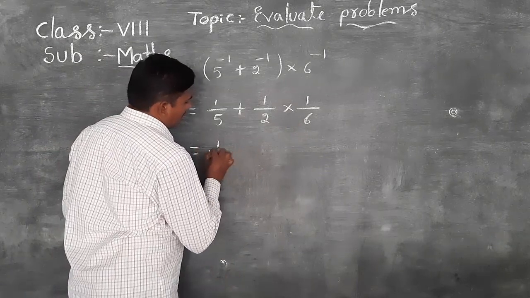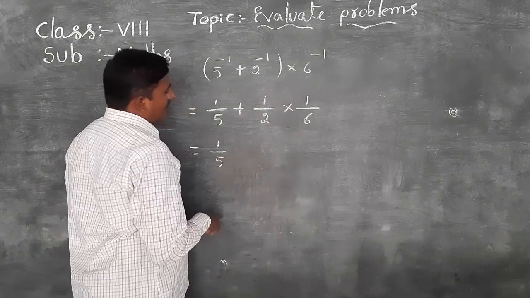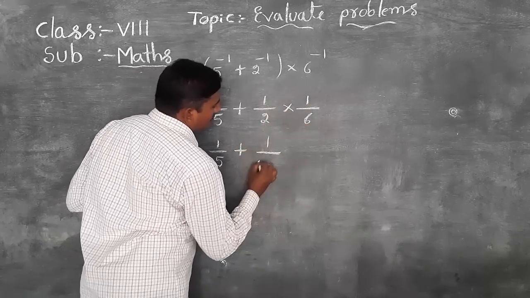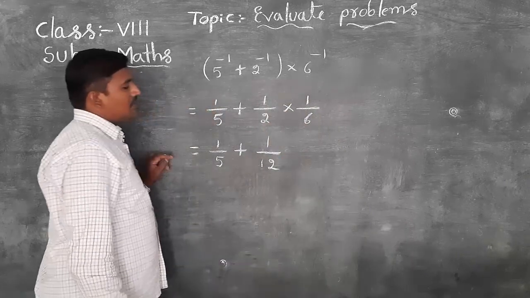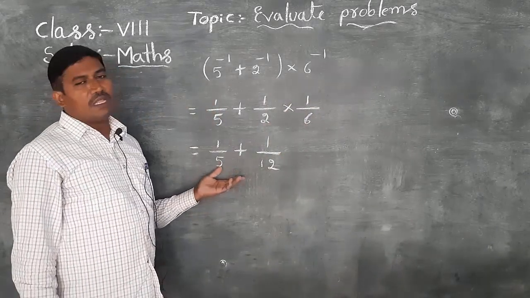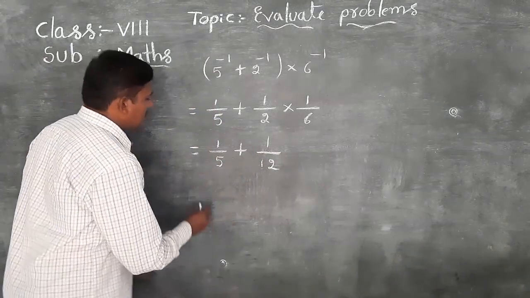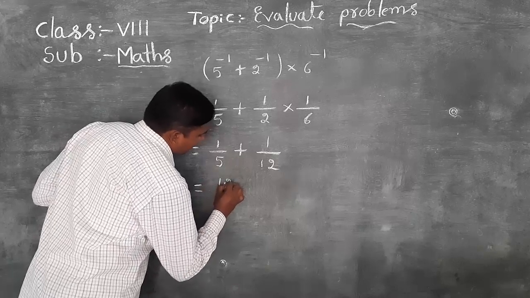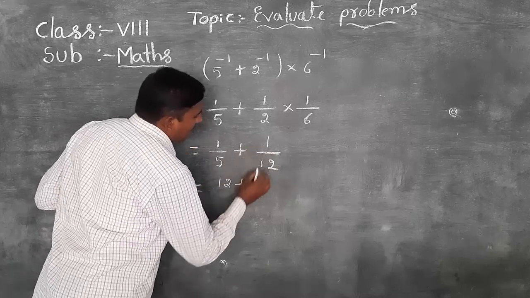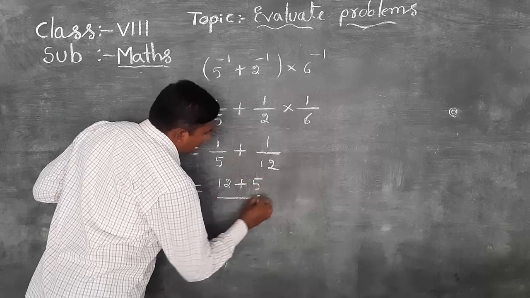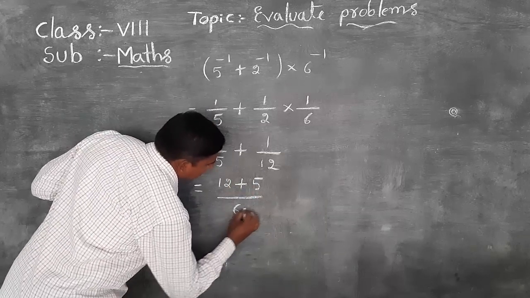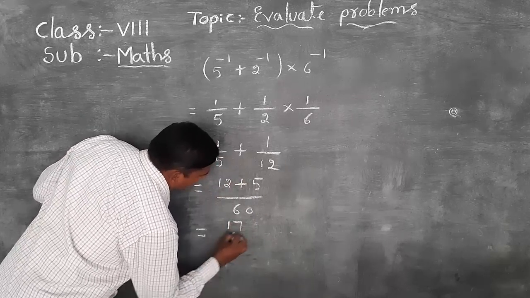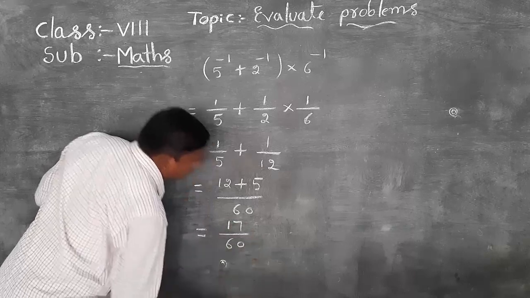So, 1 by 5 plus 1 1 jar 1, 2 6 jar 12. After that, LCM method or cross multiplication should be done. 12 1 jar 12 plus 5 1 jar 5, by 12 5 jar 60, is equal 12 plus 5 17. 17 by 60.